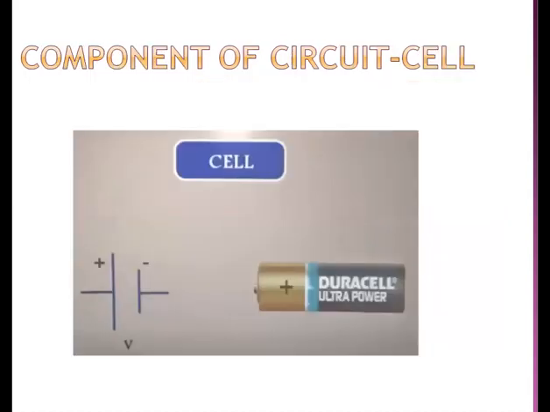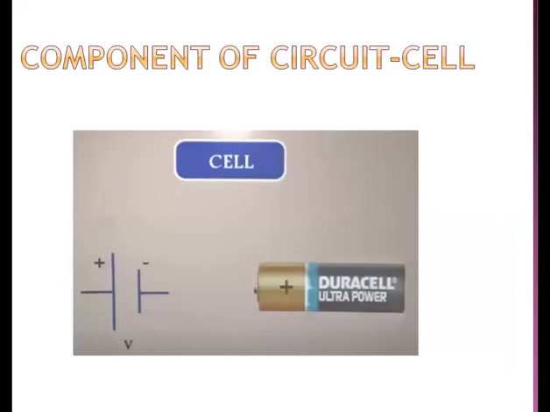Cell. We consider the cell or the battery that was being used. When you draw a cell in your circuit, you do not have to draw it in detail. You have to draw only this particular symbol, which depicts a cell inside a circuit.